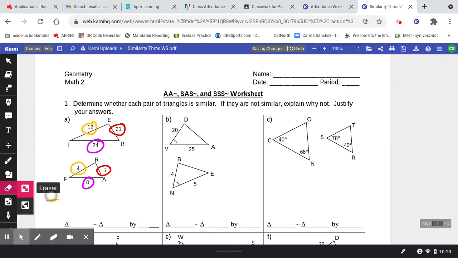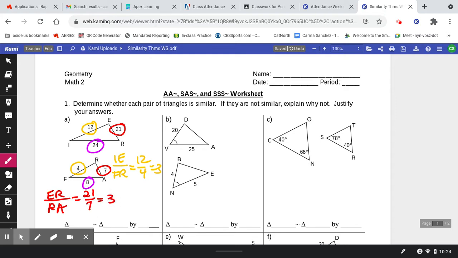Actually, I'm going to need way more space, hang on. Side IE compared to side FR is going to be a 12:4 ratio, which is 3. Then we have side ER compared to side RA as a 21:7 ratio, which equals 3.